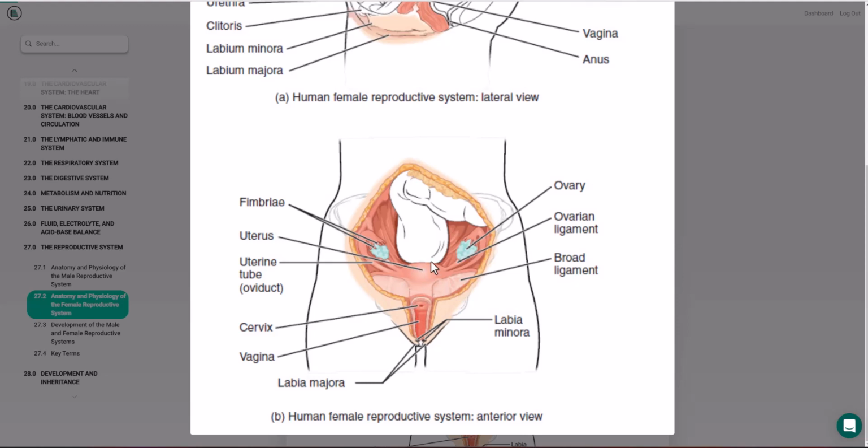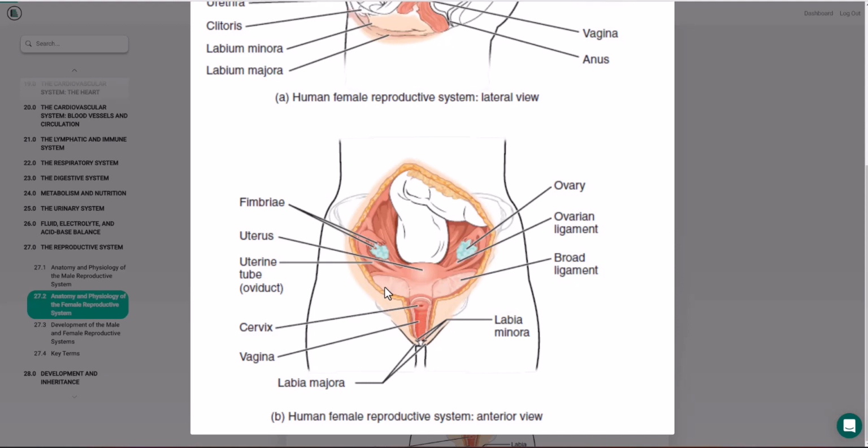The uterus is held in place by a broad ligament. Recall that we learned long ago that a ligament, back in the skeletal system, would be something that connected bone to bone, but ligament is more broadly used in other areas. So a ligament is something that holds a structure to a structure.